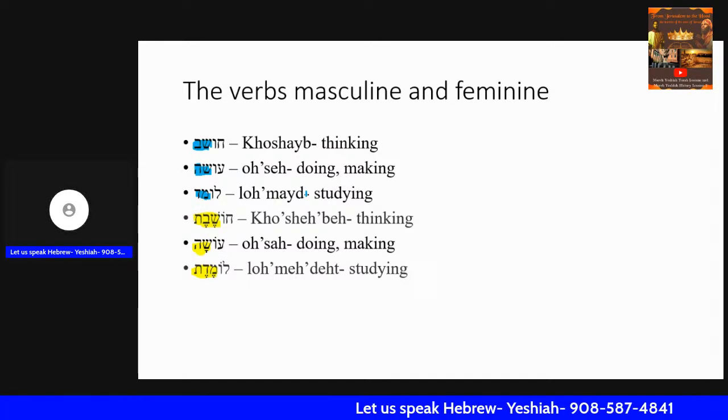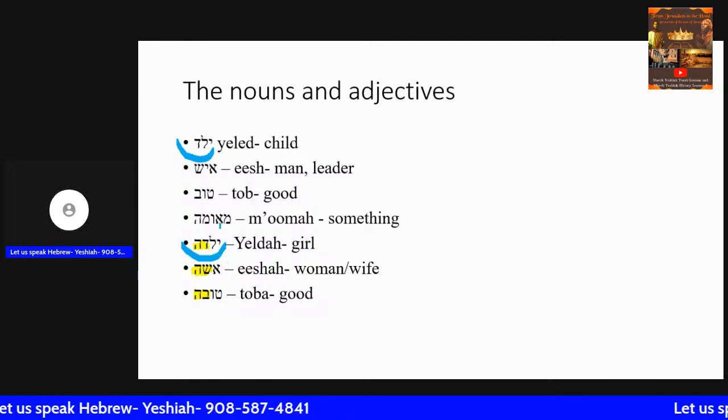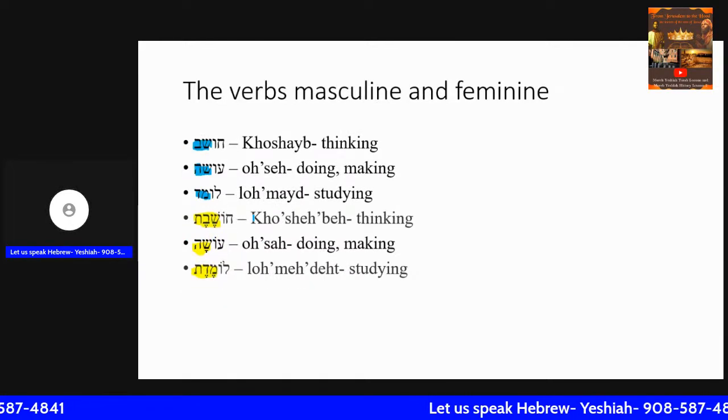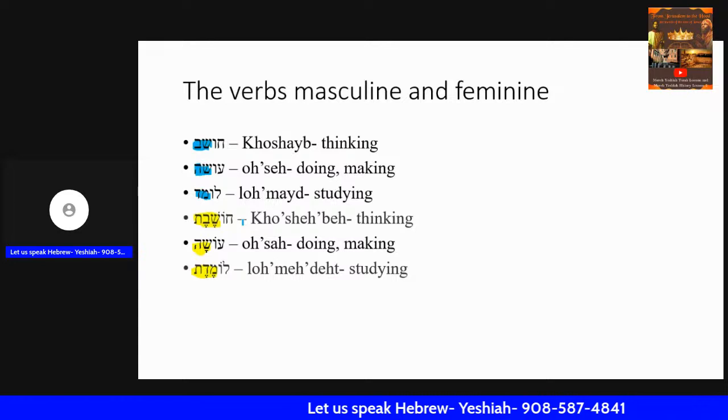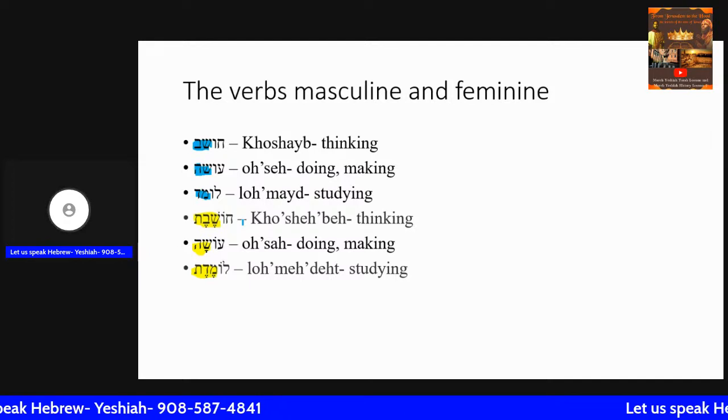Now let's look, brothers and sisters, you have the word Yalda, meaning girl. So you would say Yalda koshebet, a girl is thinking. Yalda koshebet al she'urbetah, a girl is thinking about her homework.